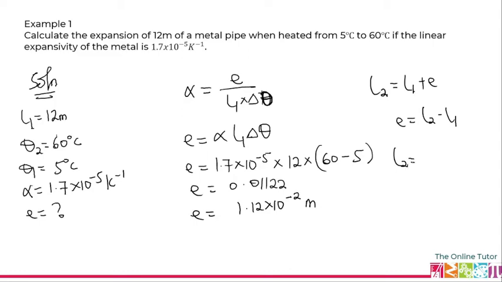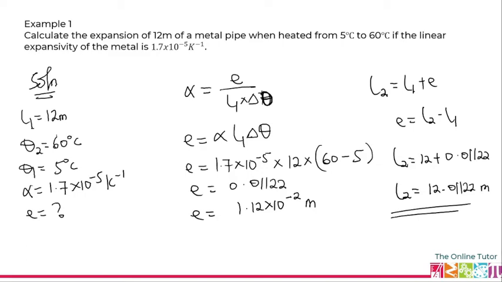So our new length is going to be, our L1 is 12 plus our extension, 0.01122. So our new length is going to be 12.01122 meters, as the length of the metal pipe after the temperature of the metal pipe has been increased from 5 degrees Celsius to 60 degrees Celsius.